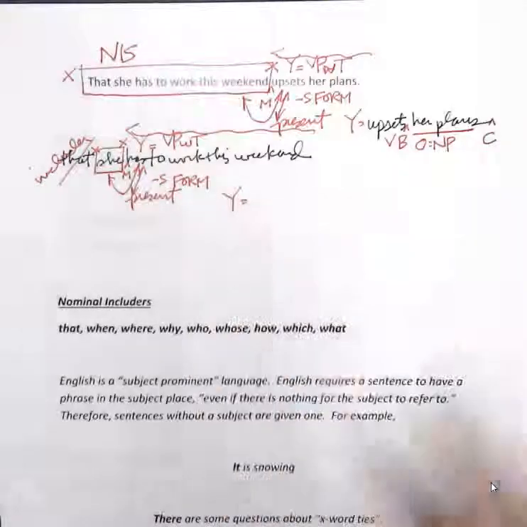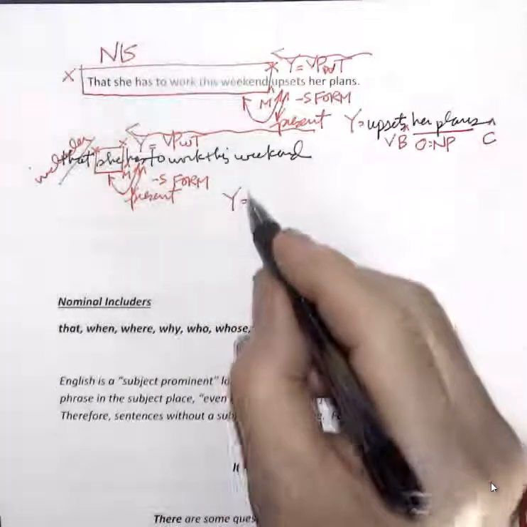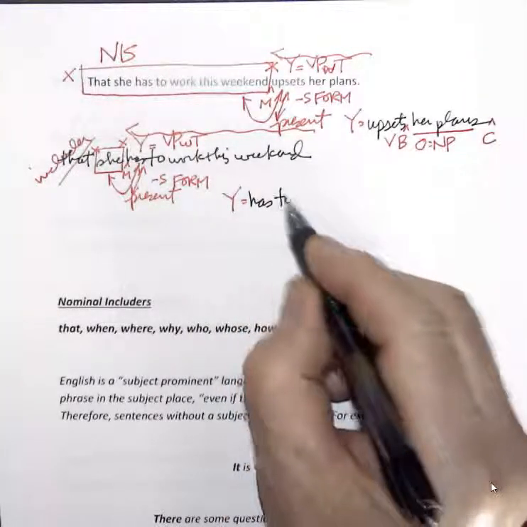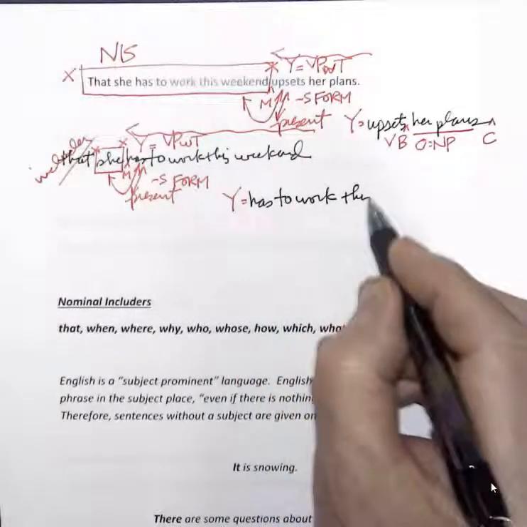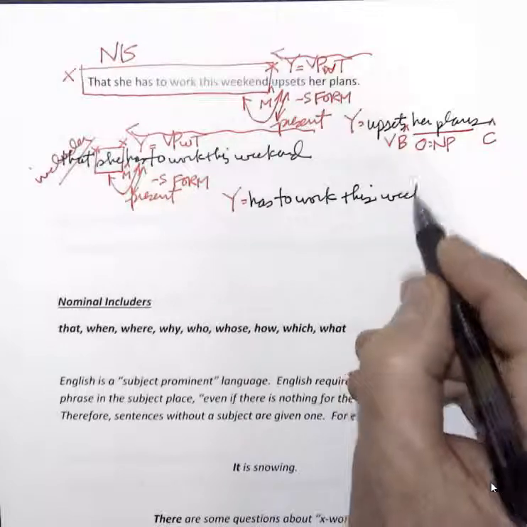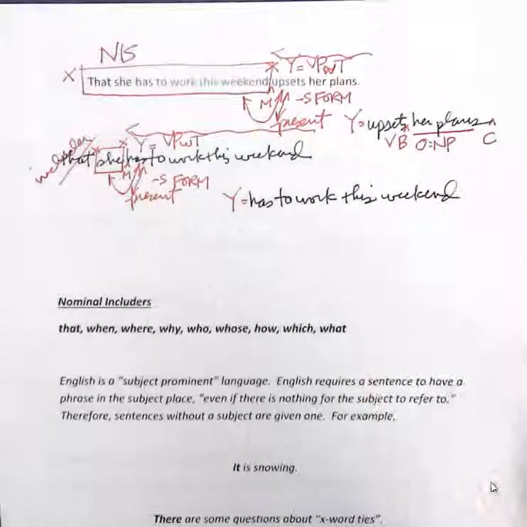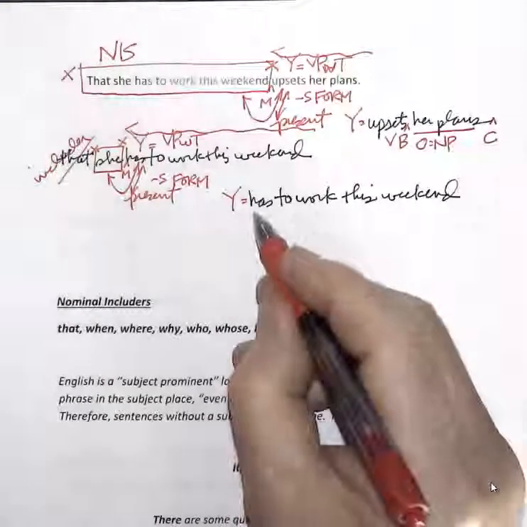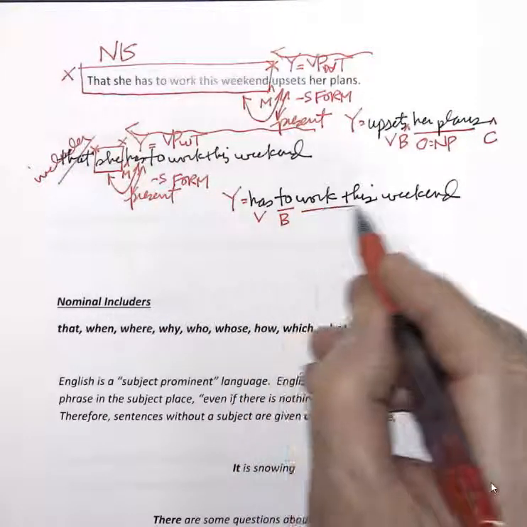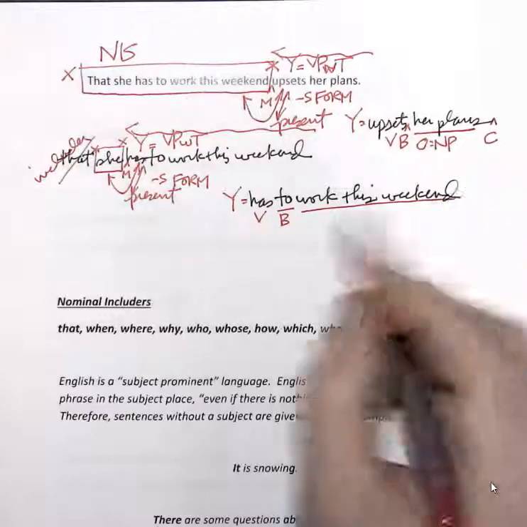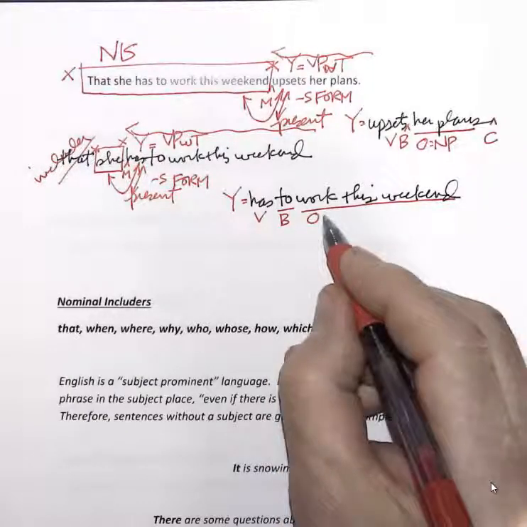The Y: has to work this weekend. Verb, particle, work this weekend is the object.